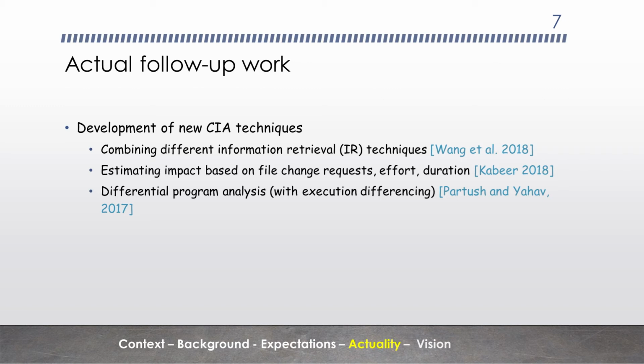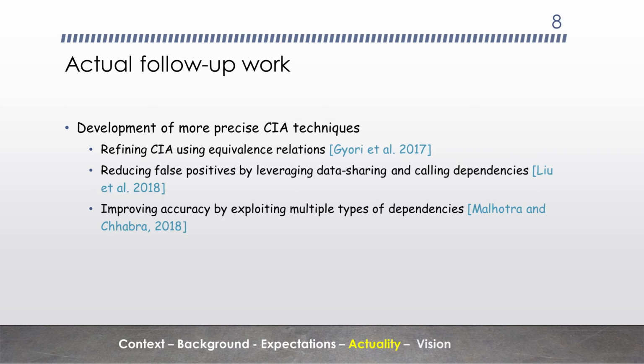There were also researchers citing our paper who developed more precise CIA techniques, for example, by leveraging equivalence relationships or data sharing and calling dependencies to improve precision, among others. In particular, combining multiple types of dependencies to improve dynamic CIA accuracy is highly consistent with what we suggested as a general idea for improving the accuracy of CIA.